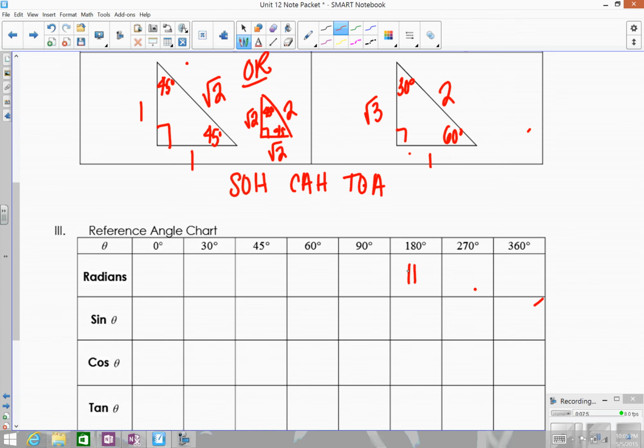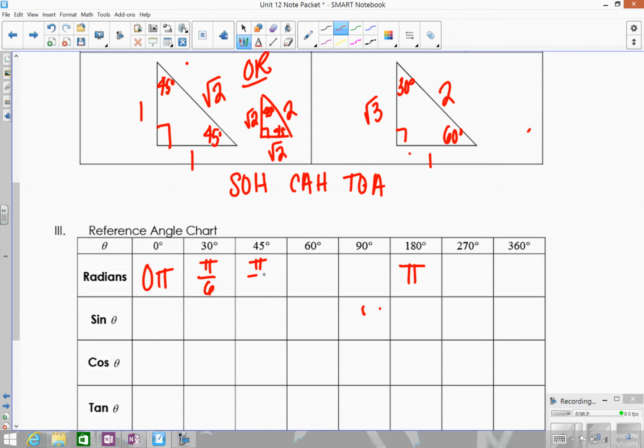So that's kind of the relationship here. And when we're looking at writing our answers in radians, really we're looking at writing our answers with a pi in there. So if we look, 0 degrees is just going to be 0 pi because it's still going to equal 0. And then for these other ones, I'm just going to write them in and then we'll talk about them in the next page or so.